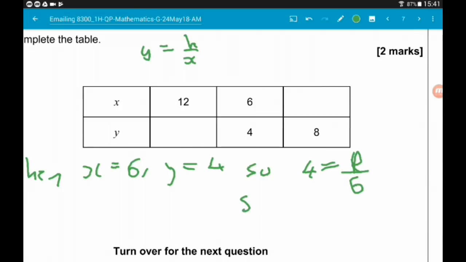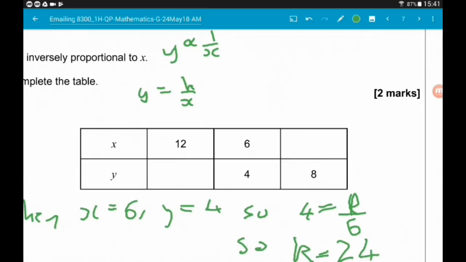So if we multiply by 6, k is equal to 24.